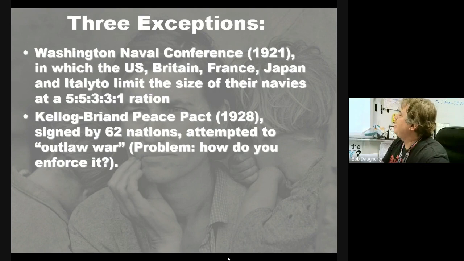Now, the Kellogg-Briand Pact. This is another important thing that you could use to show we weren't really isolationistic. Naive, maybe. Kind of stupid. But in the 1920s, while Coolidge was president, the United States and 62 other countries, and that was a majority of the countries, y'all, signed this very naive document.